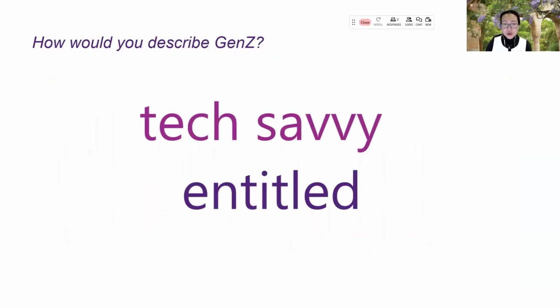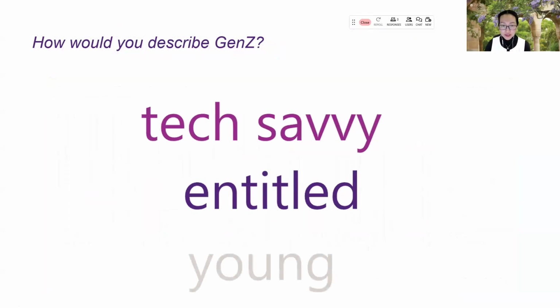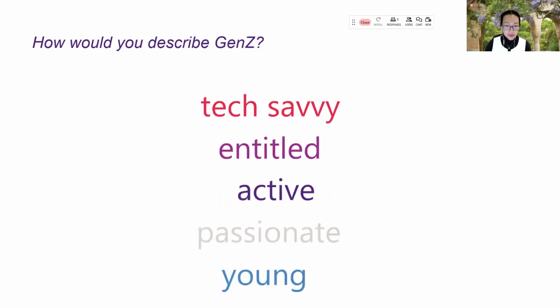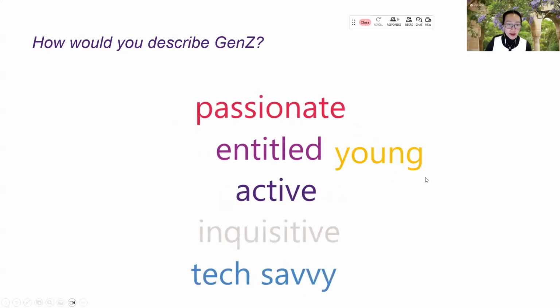Currently, you cannot provide multiple answers for this question, but the vendor is developing the question further, and in the future you will be able to provide multiple answers. In case you provide identical answers, the size of the word will become bigger to show that more people have entered that answer. Yep, passionate, entitled, active, young, inquisitive, tech-savvy. On my screen, I can see that I have 6 responses here.